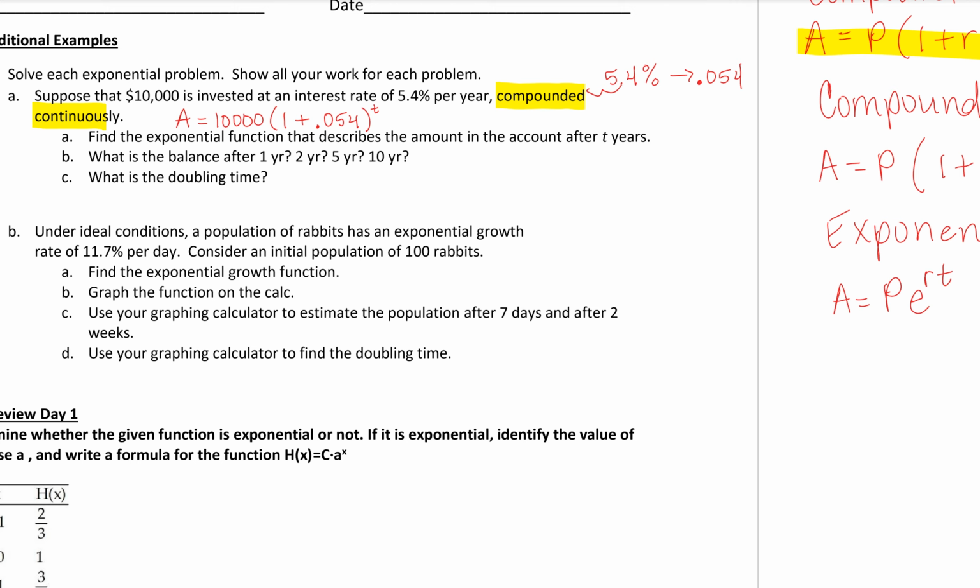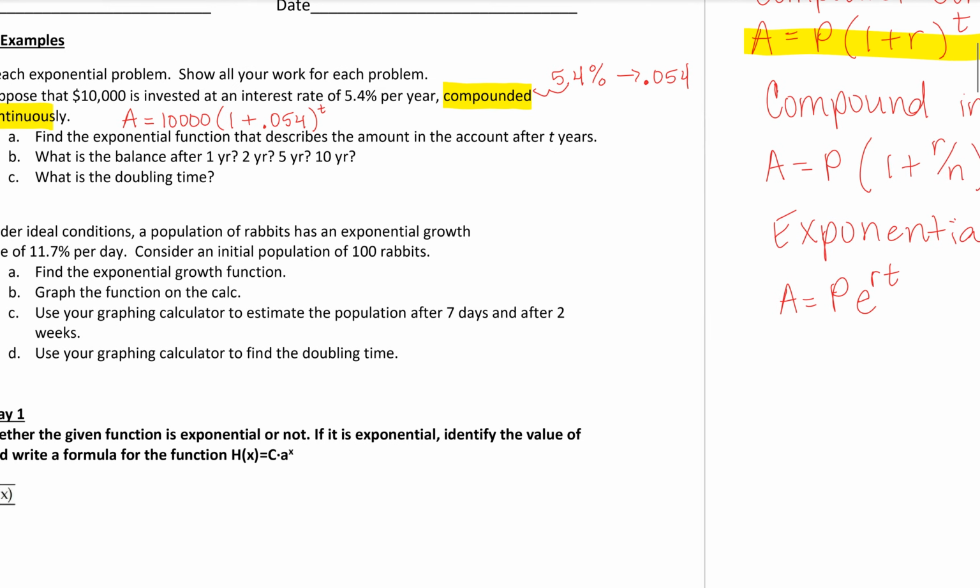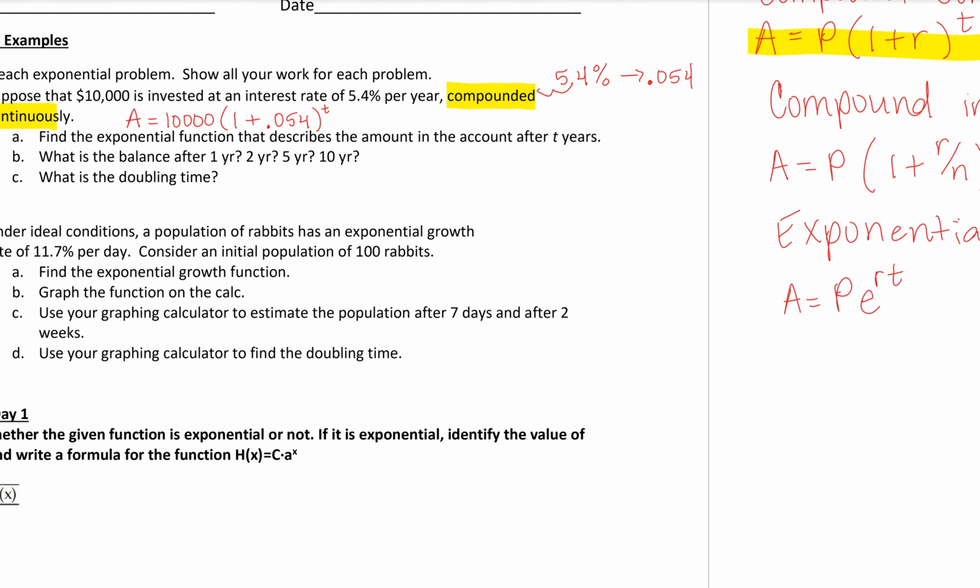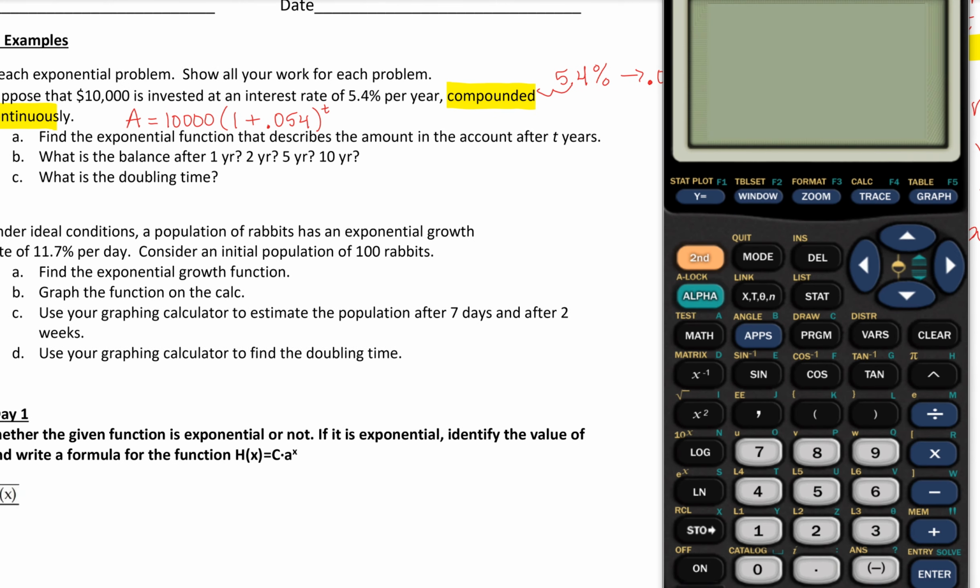All right, it says, what is the balance for 1 year, 2 year, 5 year, 10 year? Well, I'm going to go to my calculator and I'm going to go into y equals.